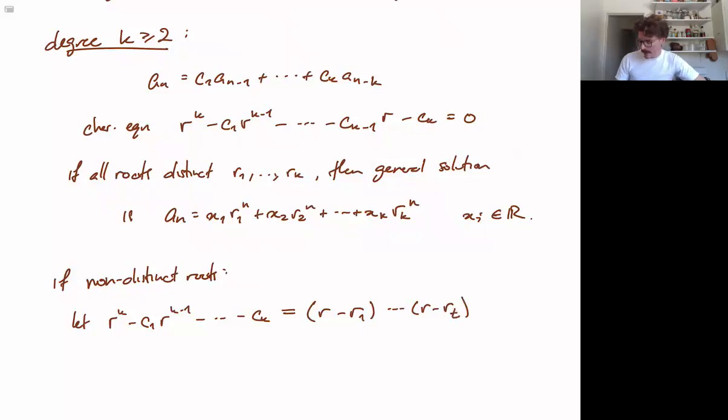But now we're saying they might have powers. So for example, if we have a square here, that means it's a double root. If we have a third power, then it has multiplicity 3, etc. So let's say it has multiplicity m.